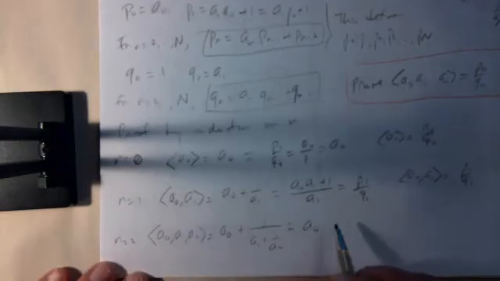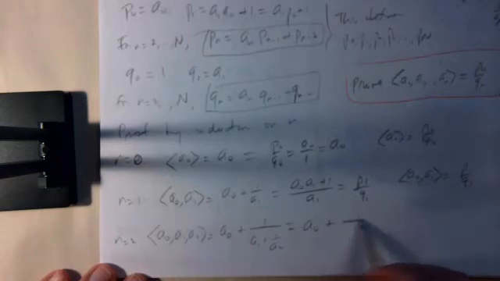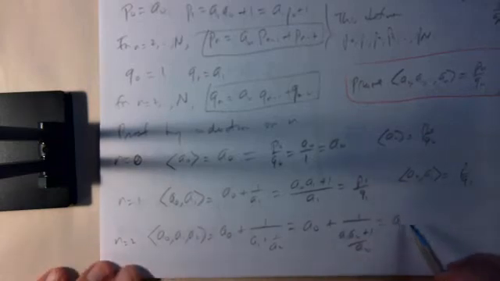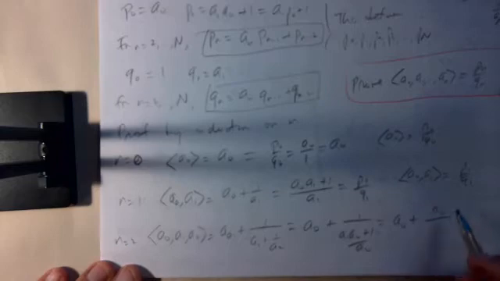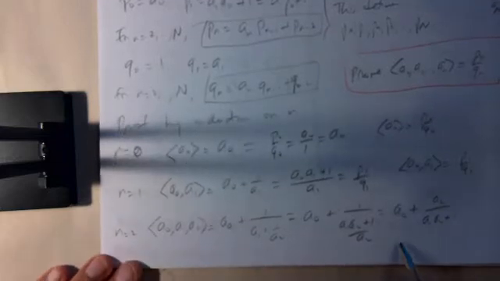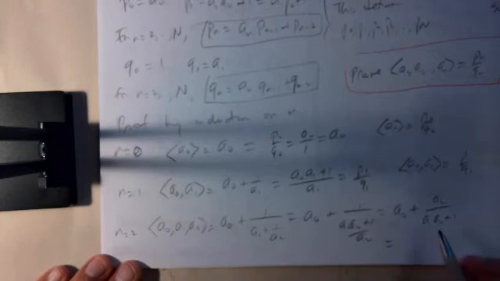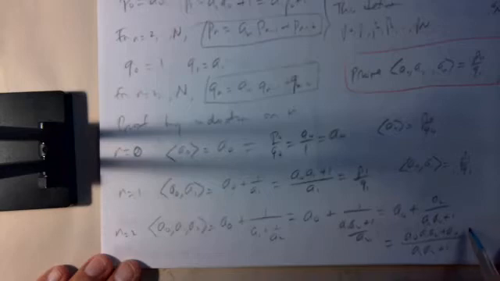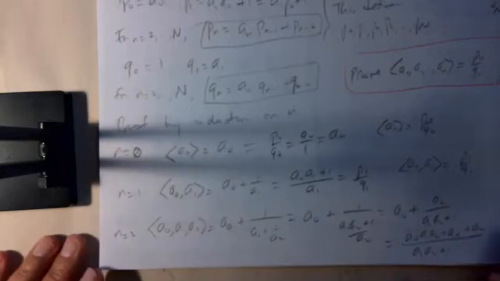This is A0 plus 1 over (A1 A2 plus 1) over A2, which is A0 plus A2 over (A1 A2 plus 1). And if you put this over a common denominator, the denominator is A1 A2 plus 1, and I get A0 A1 A2 plus A0 plus A2.